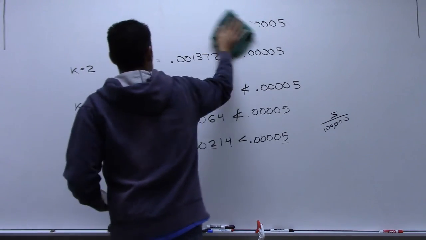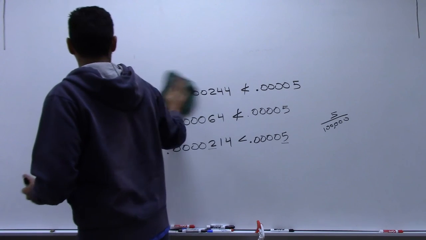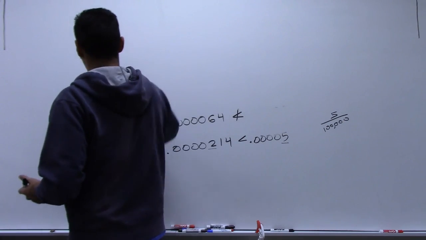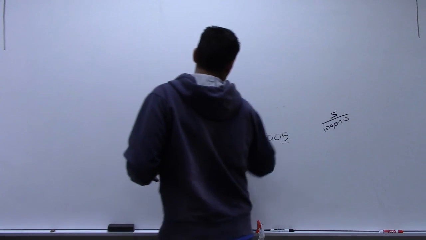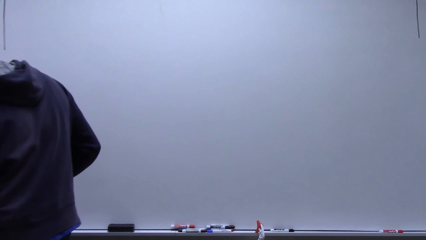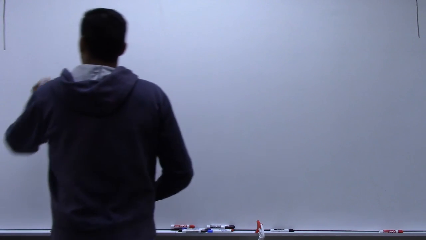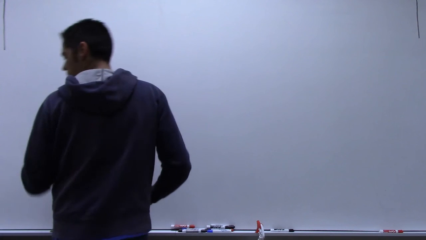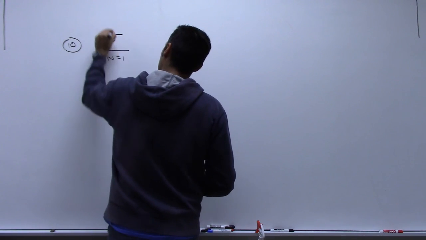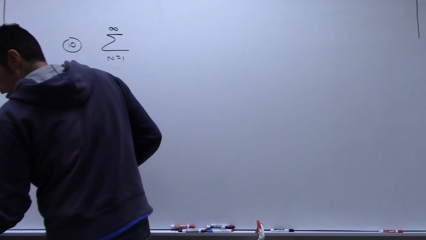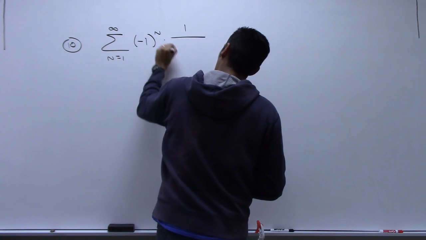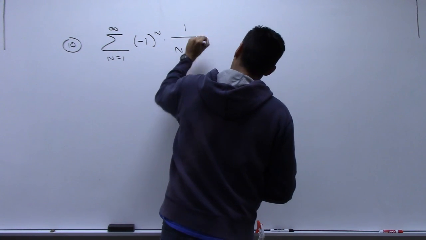All right, let's do the next problem. So we have the sum from n equals 1 to infinity of -1 to the n times 1 over n times 5 to the n.